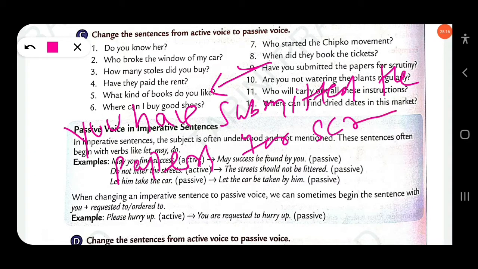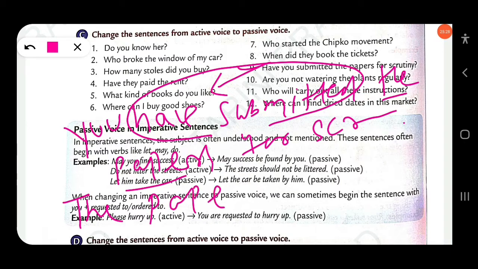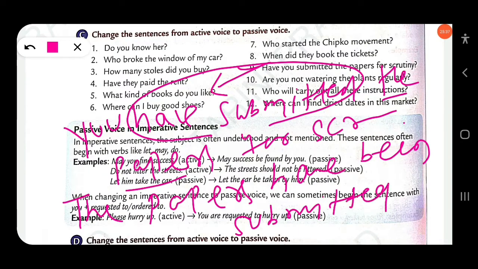Here the present perfect tense is used, and the object is the papers, plural form. Now you have to change into passive. The papers have been submitted by you. Submitted, past participle, submitted by you.